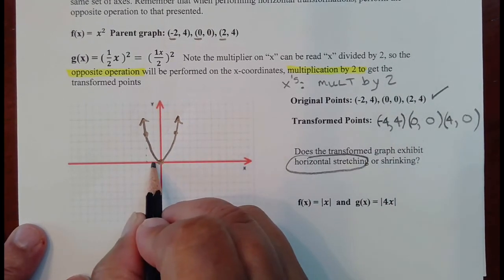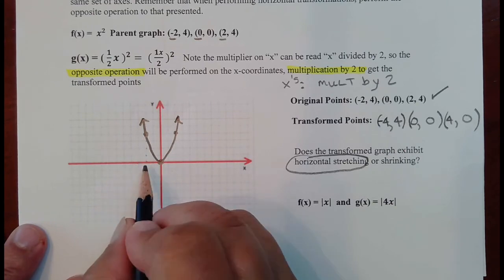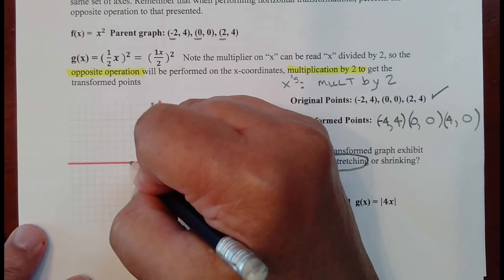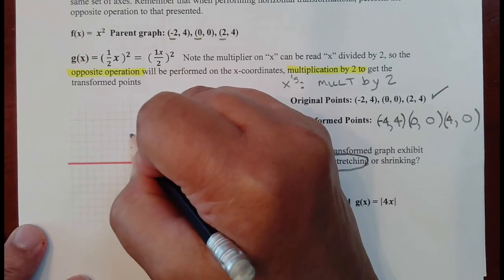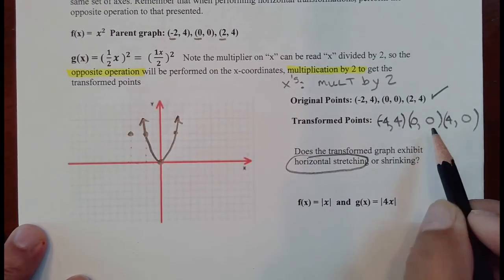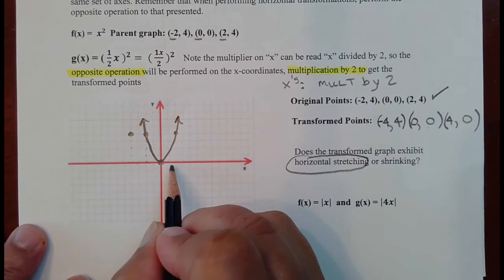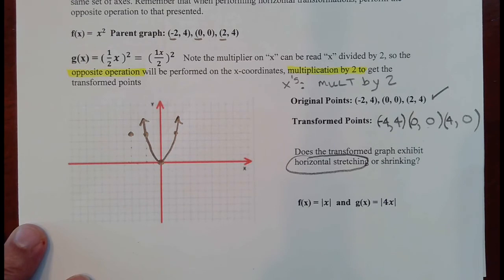Then we're also going to plot 4, 0. Supposed to be a 4. We're supposed to copy the y's just as is. This was supposed to be a 4. Let me correct that. So that was supposed to be 4, 4. Just caught myself doing that. So 1, 2, 3, 4, and up 1, 2, 3, 4.